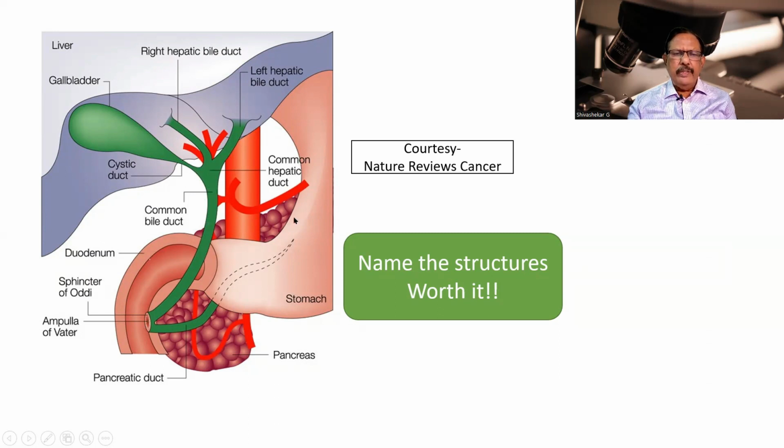Obviously, I will be able to see the structures of the stomach bed, including the pancreas. And this is the stomach, the duodenum that I'm seeing. Name the structures, they are worth their weight in gold. Courtesy, Nature Reviews.